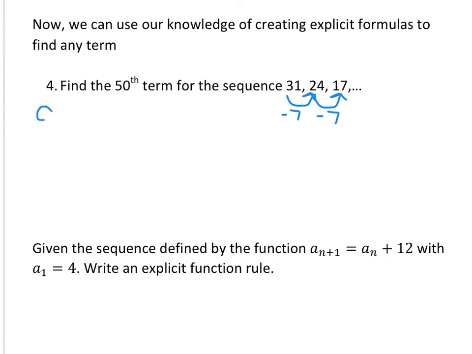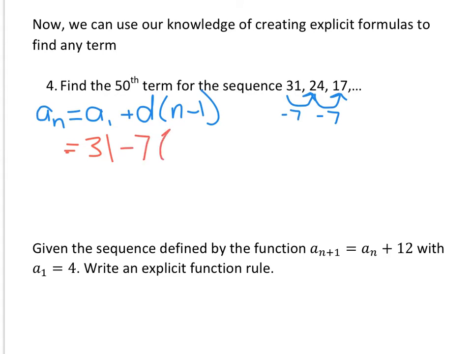So the explicit formula is the first term plus the common difference times n minus 1. What's our first term? Our first term is 31. Our common difference is negative 7. And we're looking for the 50th term. So this time we're actually going to plug something in for n. We're going to plug in 50.